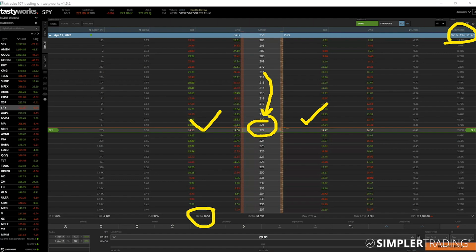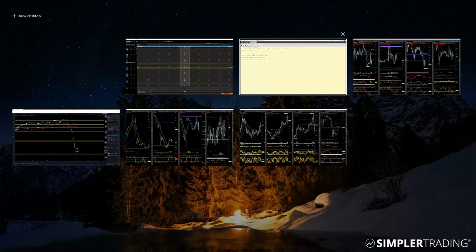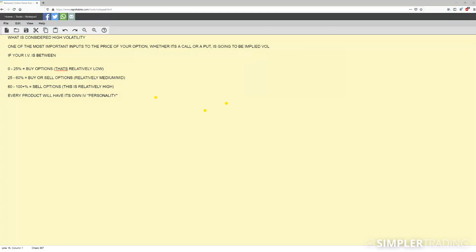Right. So just real quick again, the first strategy that we covered, and maybe I should write it down. Let me give you guys some notes here to take a screenshot of. First strategy, put or call credit spread.